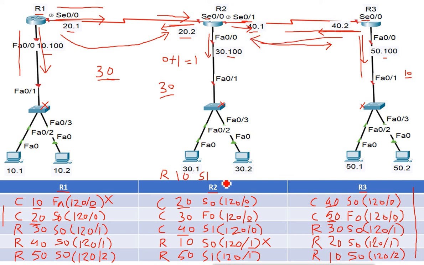The AD value is 120 and the hop count, router 3 says it is 2, so it adds 1 and it says 3. Now this information is wrong, but it does not verify it because they do the broadcast.